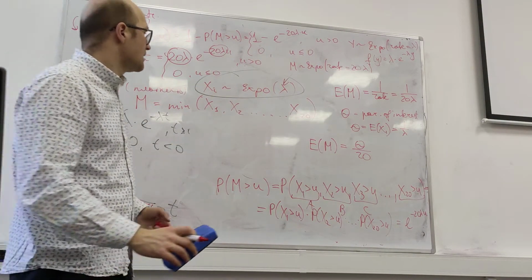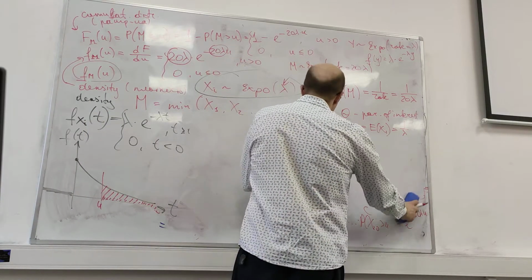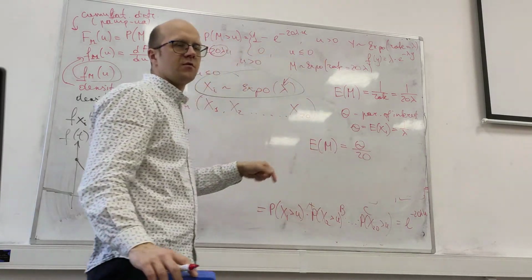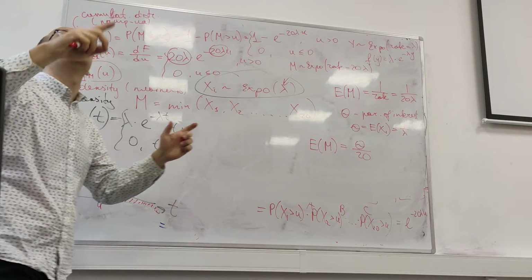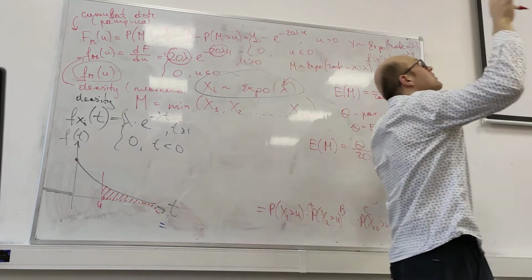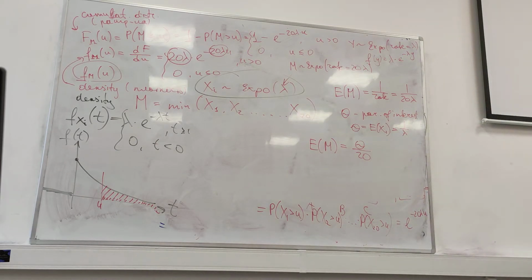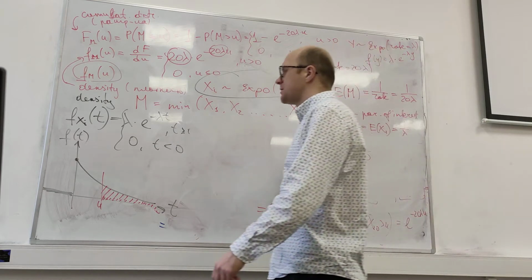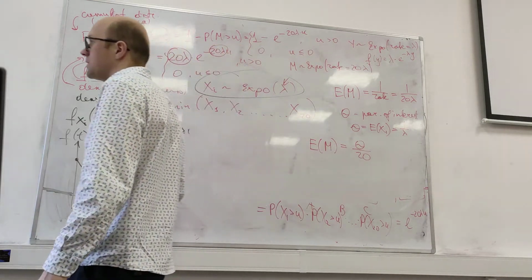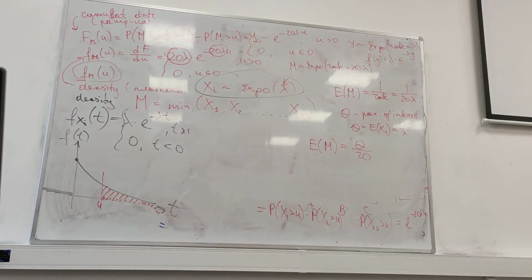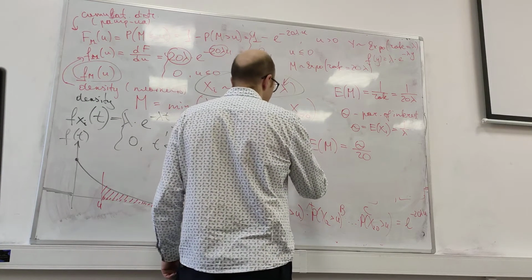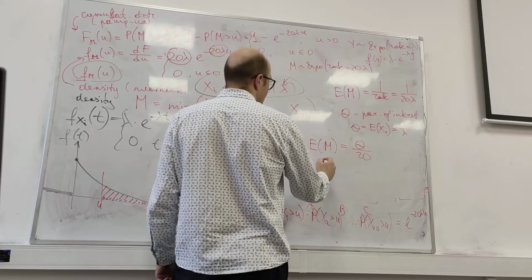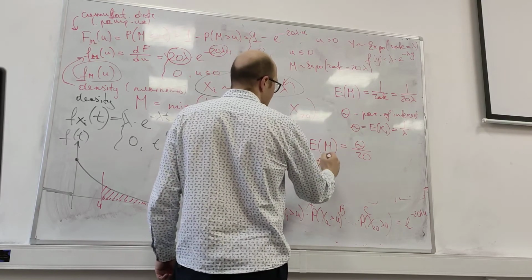Basically, we wait until the first light bulb goes off, and we record the time m. If the expected value of m is theta over 20, and we'd like to construct an unbiased estimator, which function of m should we take?